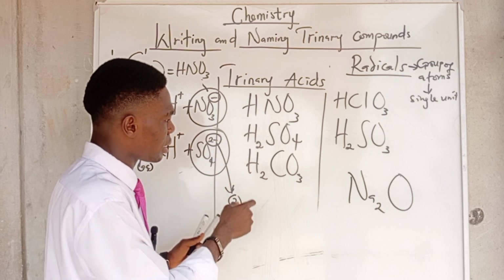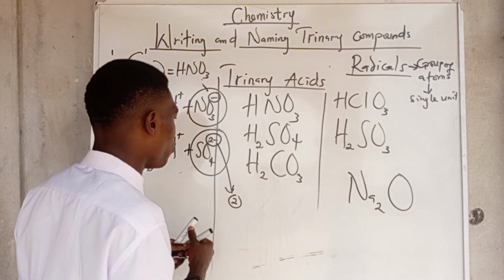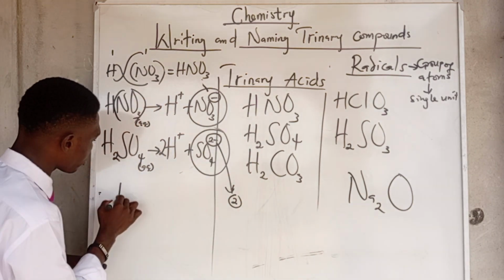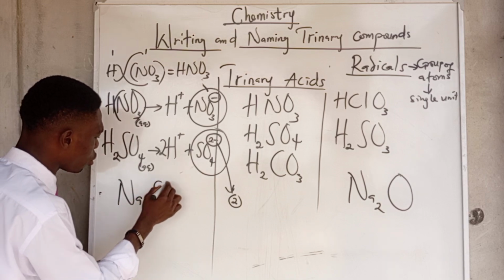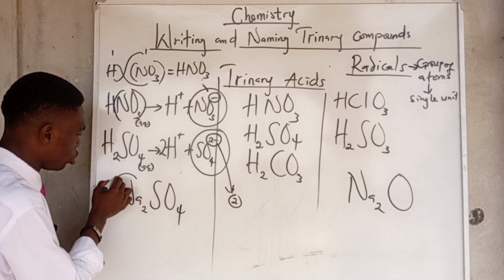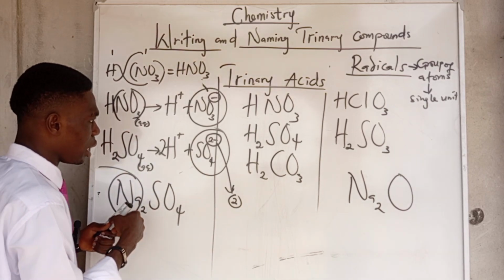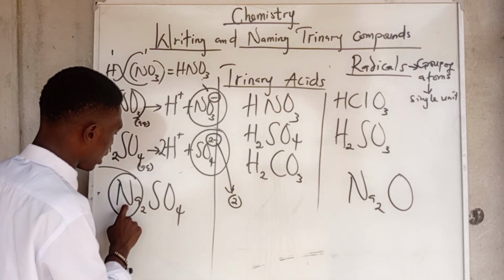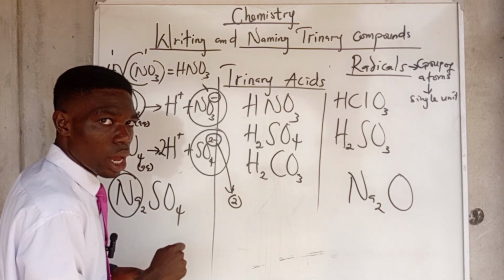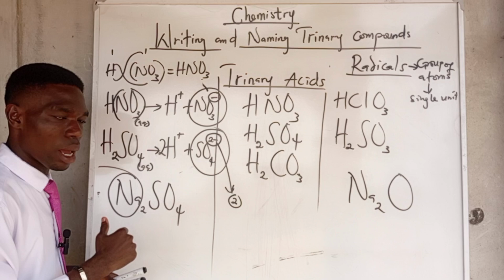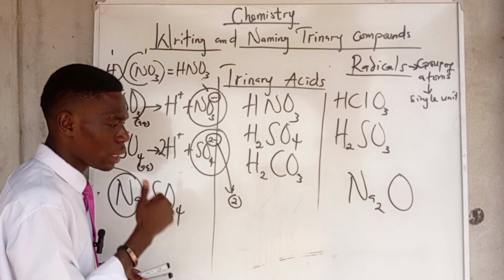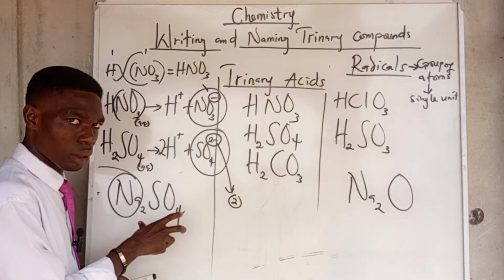For instance, instead of this H2SO4, if I now see Na2SO4, you see that this sodium atom has displaced hydrogen, and so this becomes a salt. Are we together now? Maybe subsequently I will do a video on acids, bases and salts, but till then let's just continue with what we are looking at now.